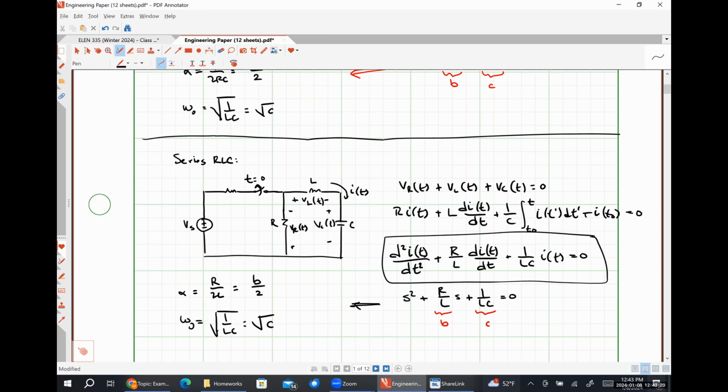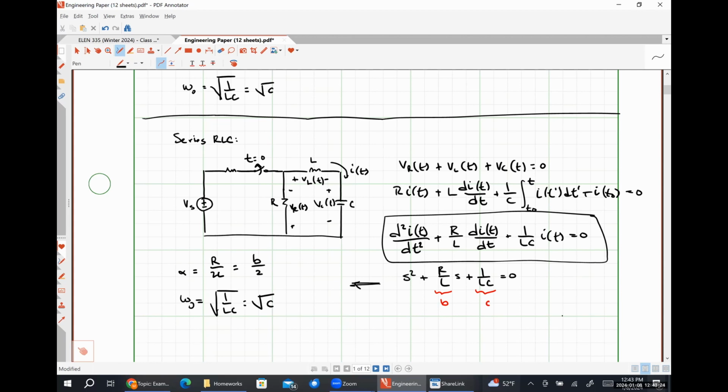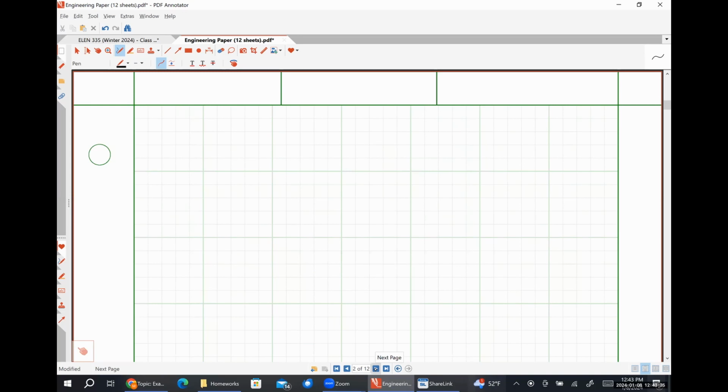So we're going to use that approach to analyze some circuits that don't easily fall into the parallel RLC and series RLC classification. So let's take a look at this guy right here.